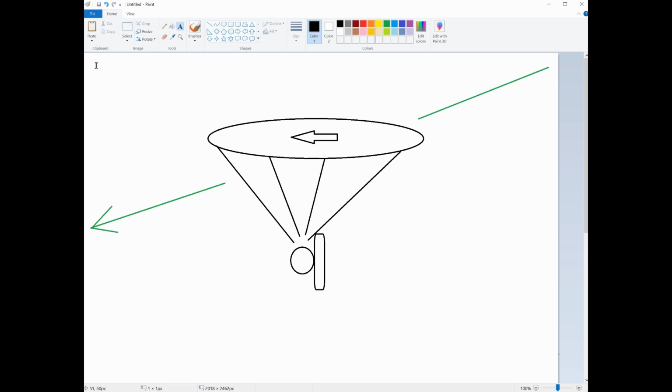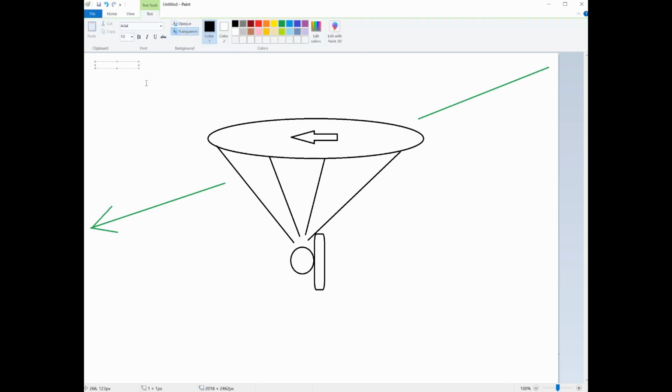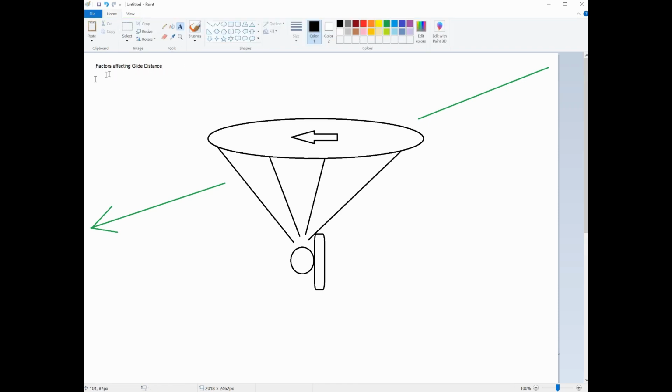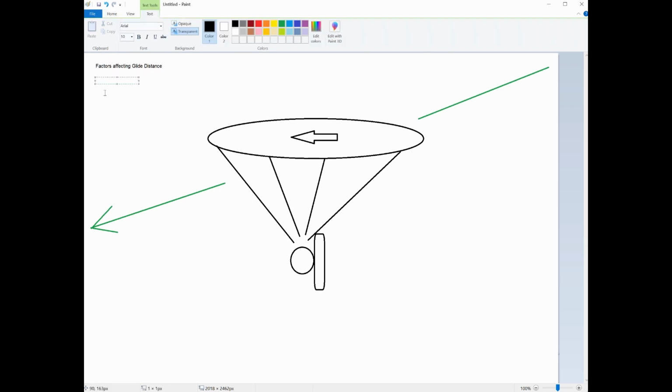Let's go here. So, factors affecting glide distance, I guess, is the overarching goal here to understand. So what we have is density altitude, we'll spell it out.